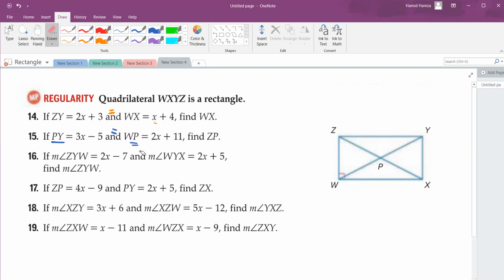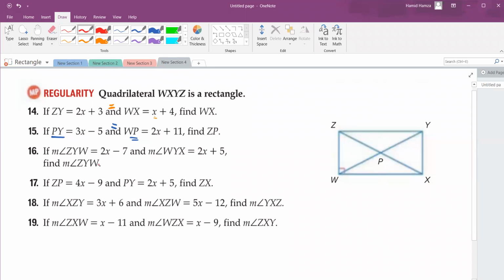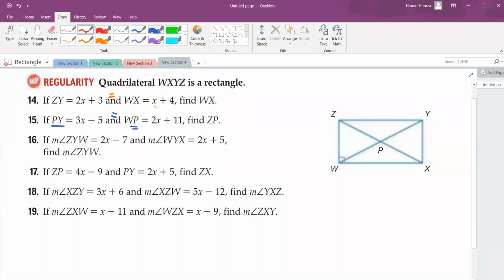The next one. If you discover the relation, it's very easy, guys, to solve the question. Angle ZYW and the other one, WYX.